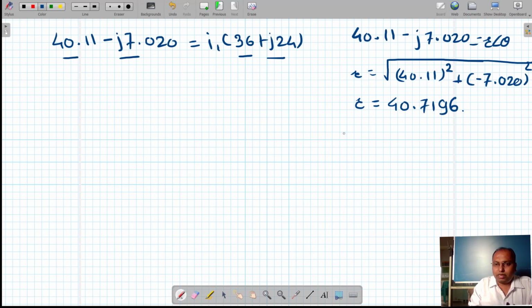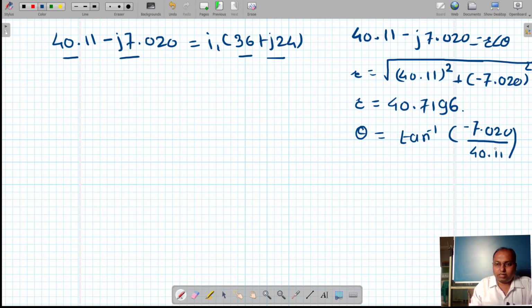Let us now calculate theta. Theta equals tan inverse of b, which is minus 7.020, divided by 40.11. Let us calculate that again: shift tan of minus 7.020 divided by 40.11.